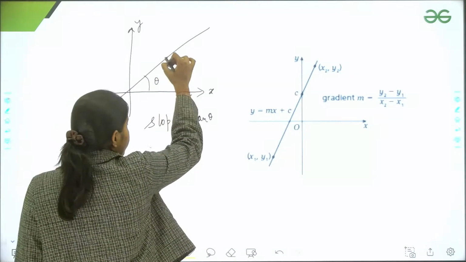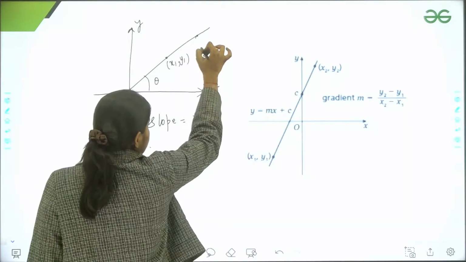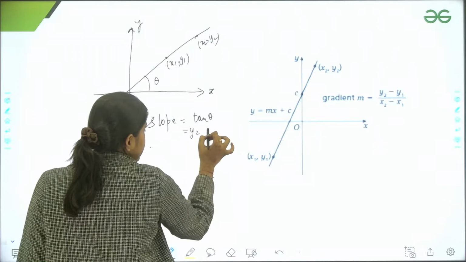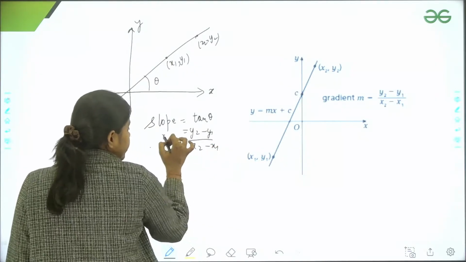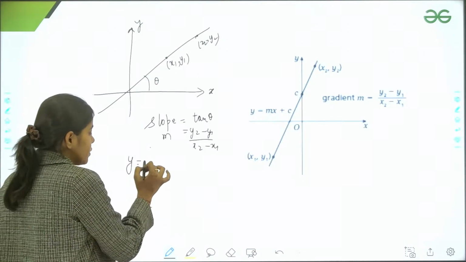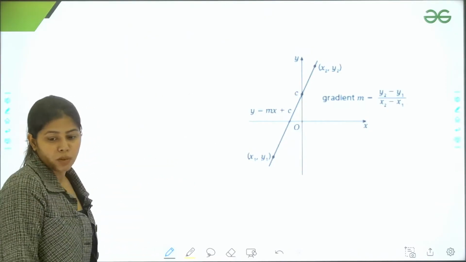And also I can find out the slope if I have been given two coordinates, x1 comma y1 and x2 comma y2 on a line. So the formula for slope is y2 minus y1 upon x2 minus x1. So slope I represent with the value m, right? If I get this m value, y is equal to mx plus c would be the equation, right?